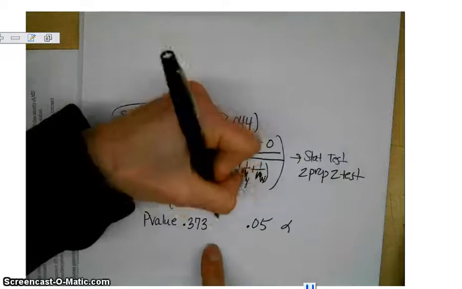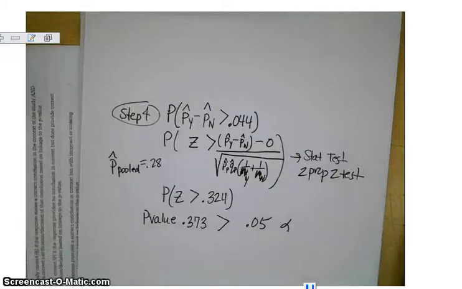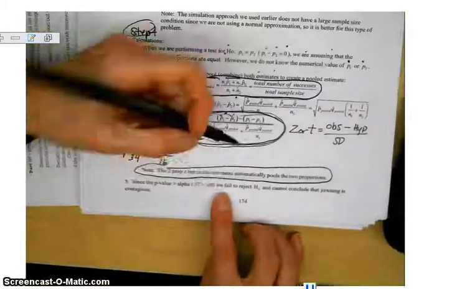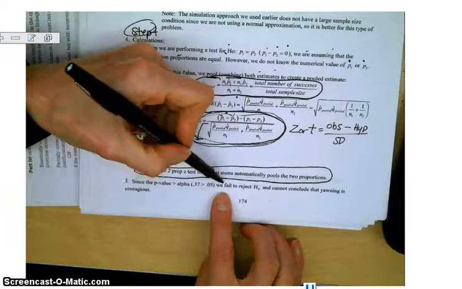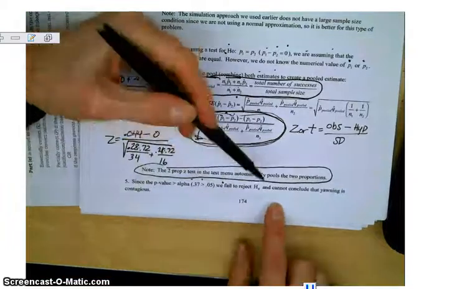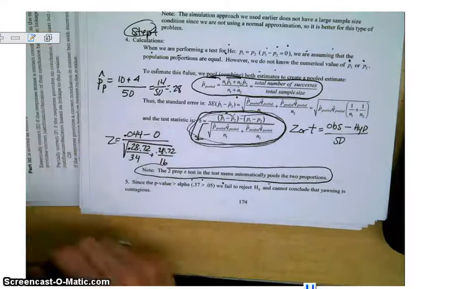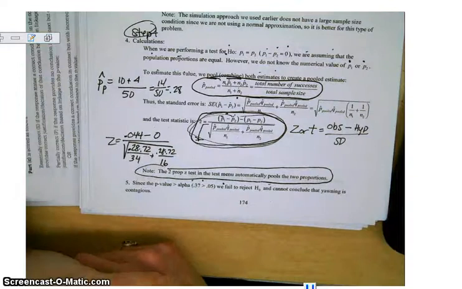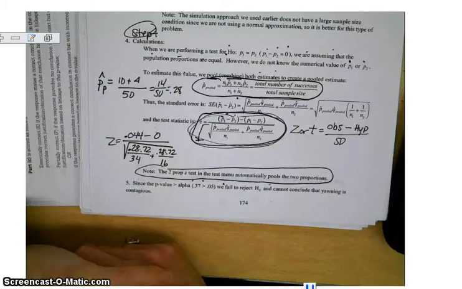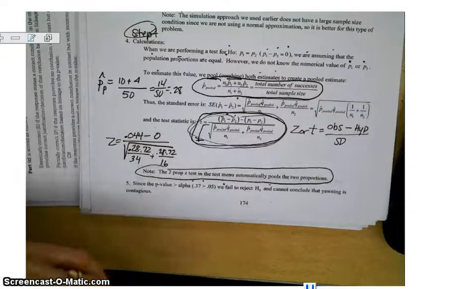That is definitely greater than. And so what's our conclusion? We fail to reject the null. So back on this page, we fail to reject the null. Since the p-value is greater than alpha, we cannot conclude that yawning is contagious. So the difference of 4.4% was not significant enough under the circumstances. So Mythbusters made a wrong conclusion.